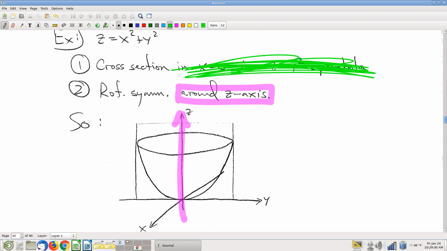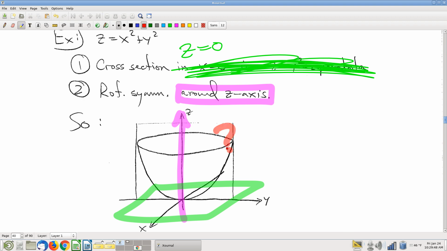I want to take the cross-section in the plane z equals 0. Well, if you take the cross-section in the plane z equals 0, then you're looking at that one cross-section there. Rotating that around the z-axis just doesn't tell you the whole story. That does not address at all what's going on up here, because these points up here, you don't rotate into them from this plane z equals 0, right?